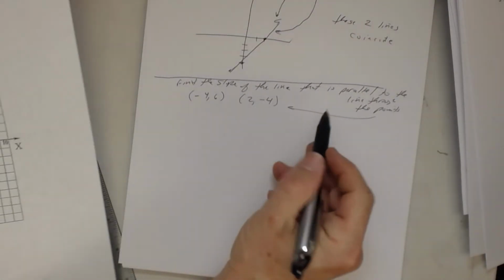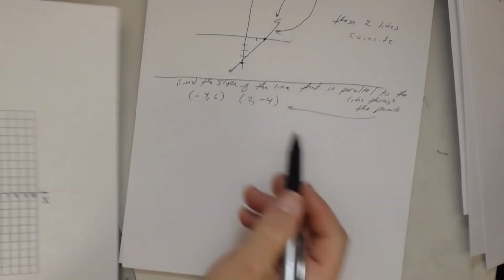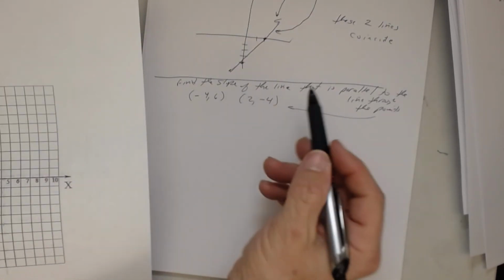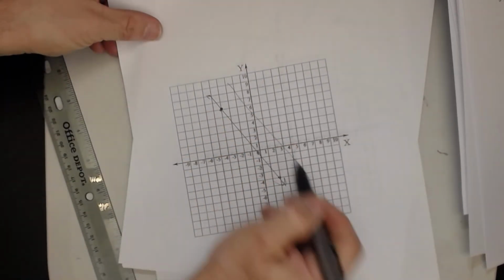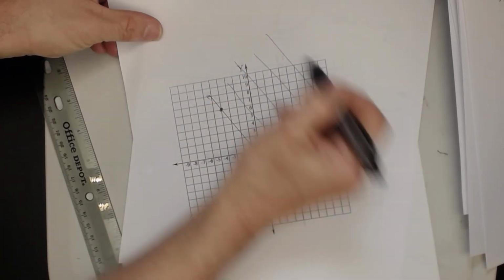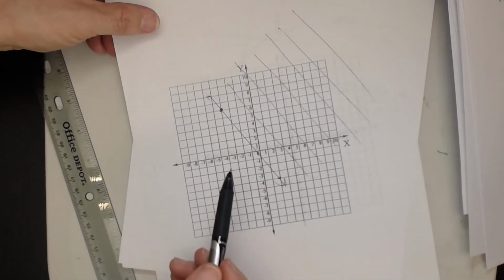So here's this line. So see this part here? The line going through these 2 points? That's this. The question is this. It says find the slope of the line that's parallel to this one, but not that one. You see what it's saying?